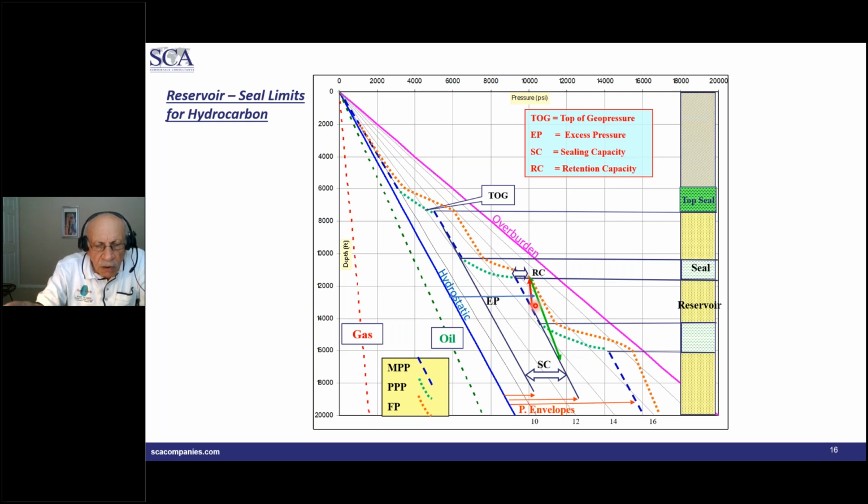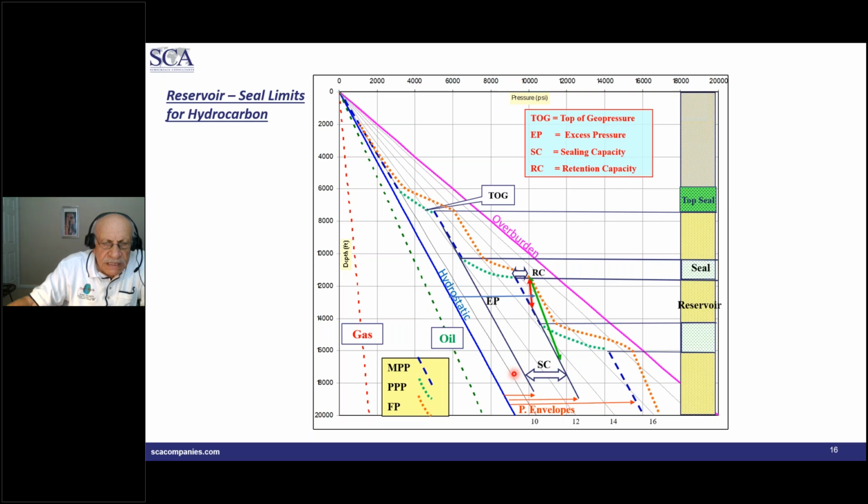Therefore, our window in the deep water of retaining a hydrocarbon is narrow. Therefore, we found more oil than gas. So this is part of the compartmentalization. Why we find this, we don't find this.